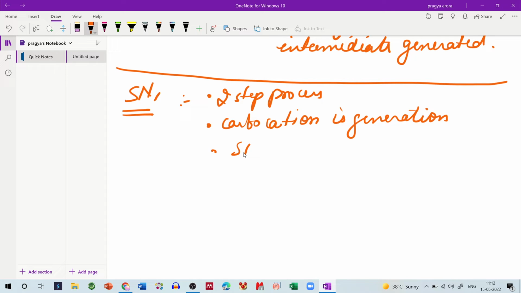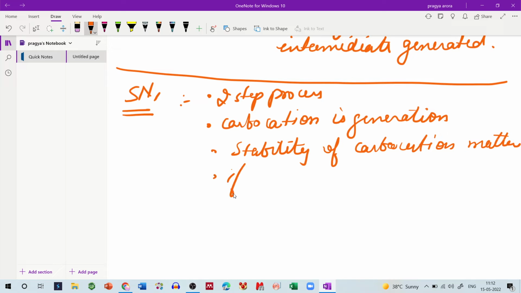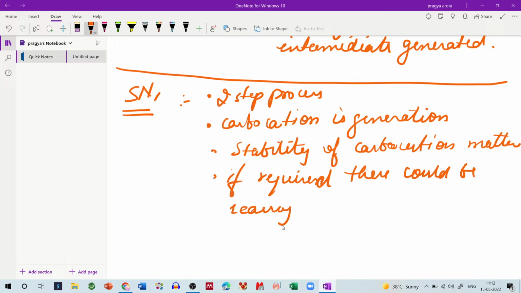Stability of the carbocation matters. If required, there could be a rearrangement for the stability of the carbocation.